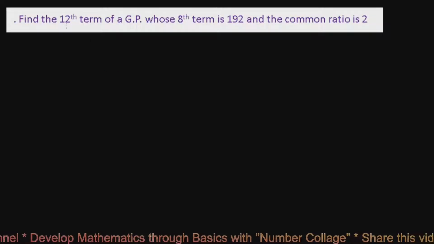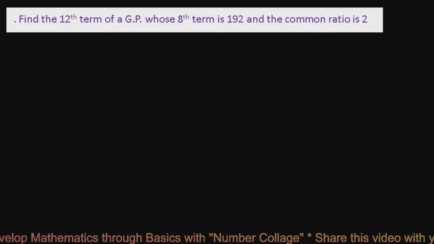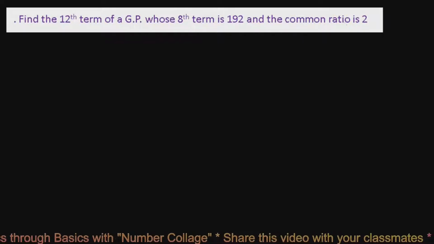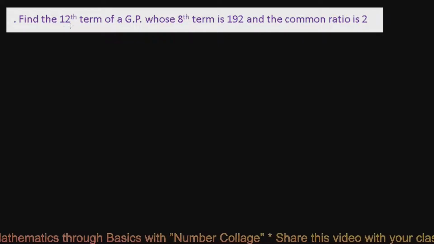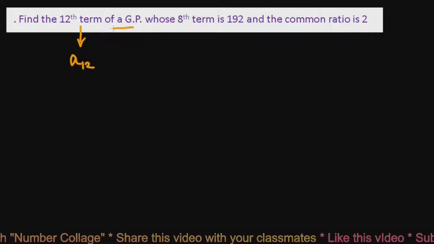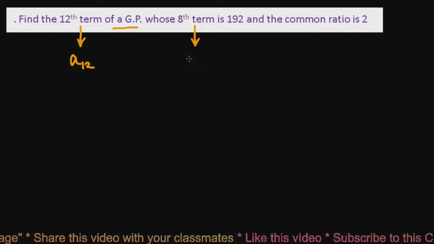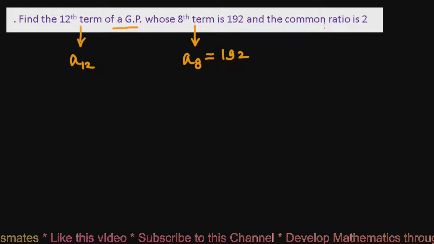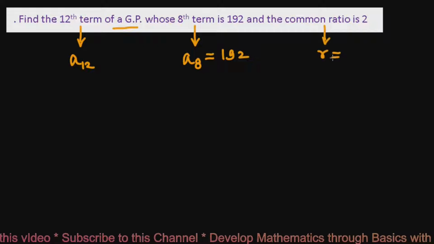In the next problem, we have to find the 12th term of a GP whose 8th term is 192 and the common ratio is 2. We have to find the 12th term A12 of a GP whose 8th term A8 is 192 and the common ratio R is 2.